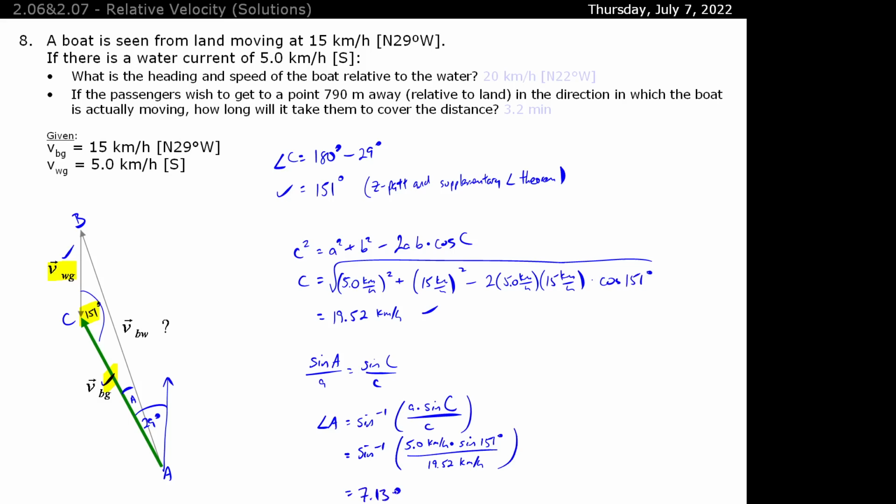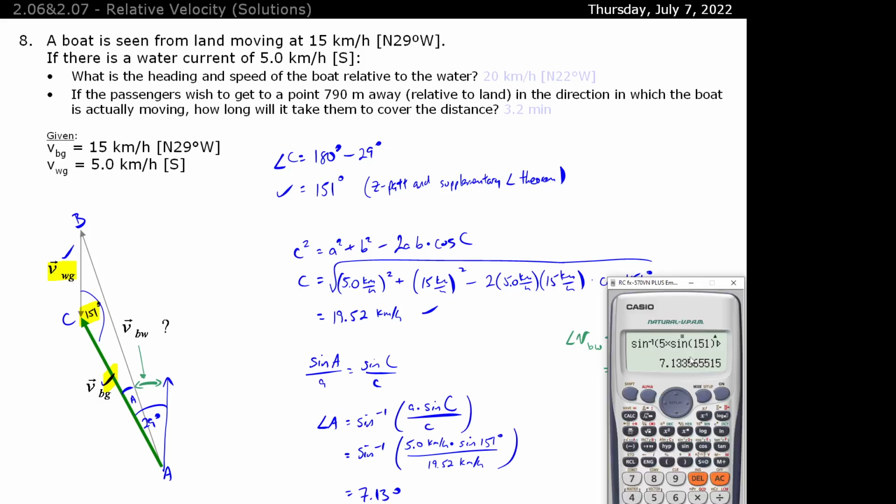Okay, so again, to find out what your VBW angle is, right over here, we have to take our angle of VBG and subtract it from angle A. All right, so we need to take the 29 degrees and subtract 7.13 degrees from it. So 29 minus 7.13, if you trust that on your calculator, we get 21.87.